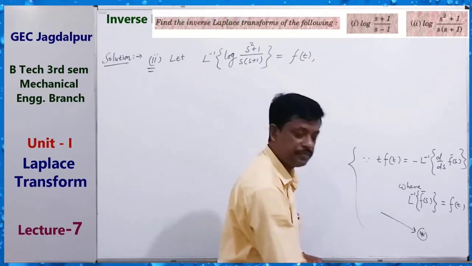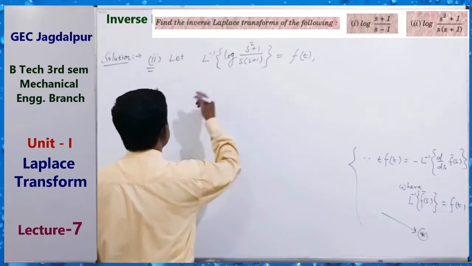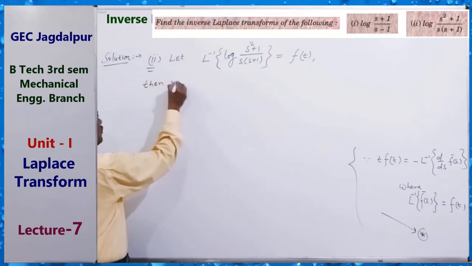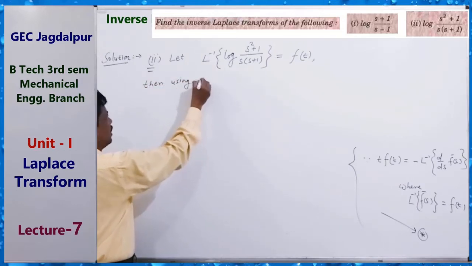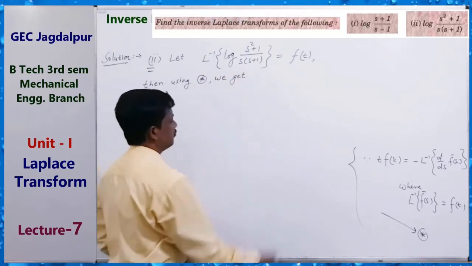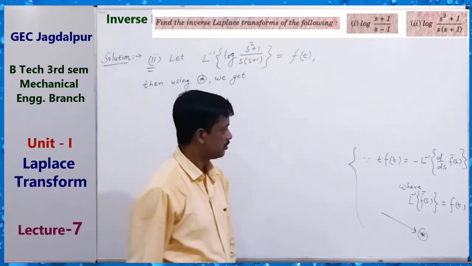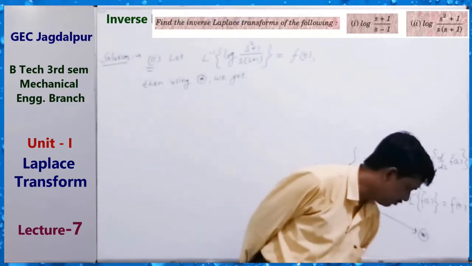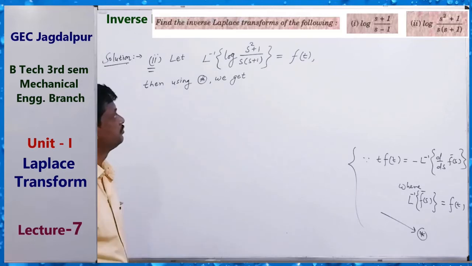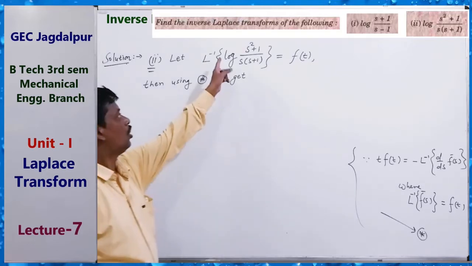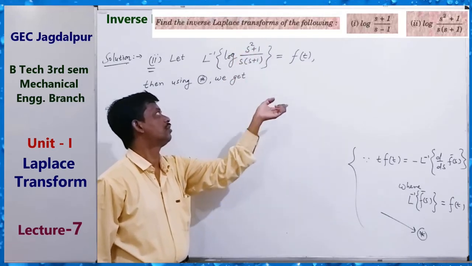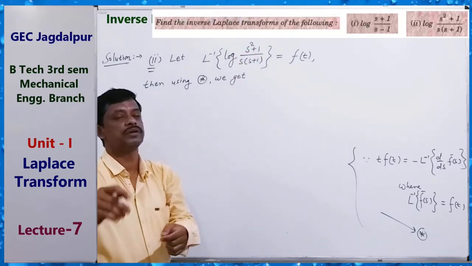How can we solve it? Then using star we get, simple. Log of a upon b into c means log a minus log bc. Log bc means log b plus log c.